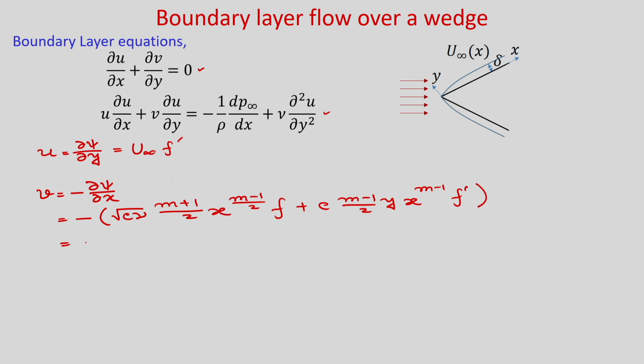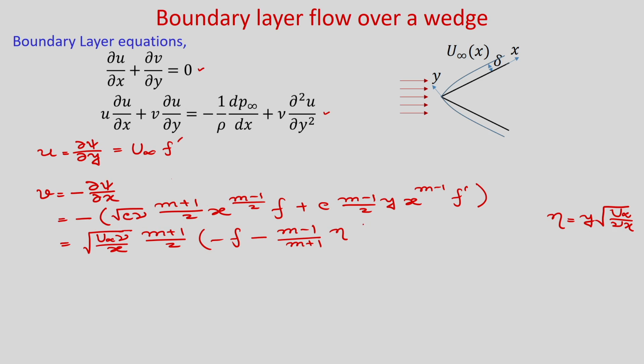So, this we can write as root u infinity nu by x, [(m plus 1)/2 f minus (m minus 1)/(m plus 1) eta f prime], and we can write in terms of eta, because eta we know that it is y root u infinity by nu x. So, if you consider the flow over flat plate, then obviously m will become 0.